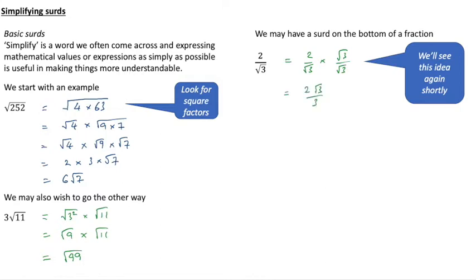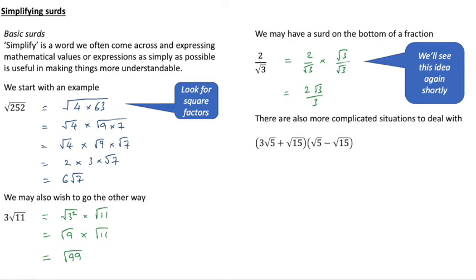So that means on the top we've got 2 times root 3, which is 2 root 3, and on the bottom we've got root 3 squared, which is just 3. So 2 over root 3 is equal to 2/3 of root 3, which is easier to grasp.